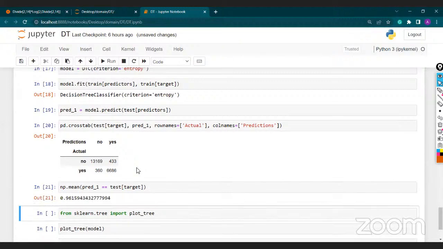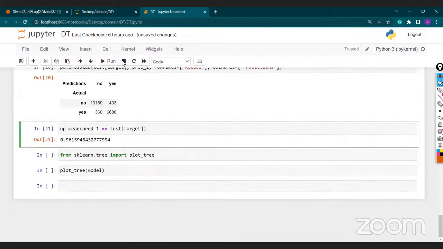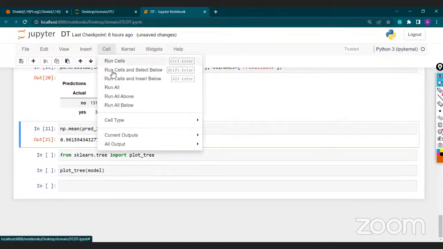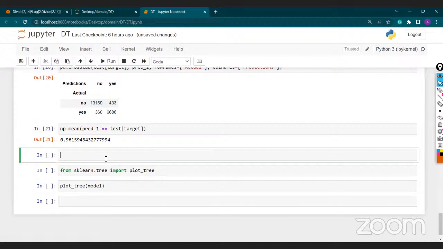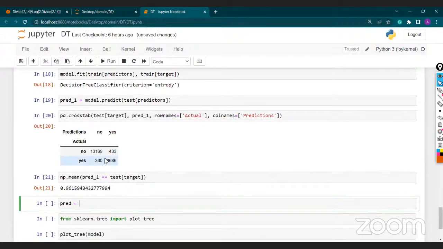And we can check the accuracy score. The accuracy score is 96%. Similarly, we should also check the test accuracy. Sorry, the train accuracy, to see if our training accuracy is sufficiently good or not.